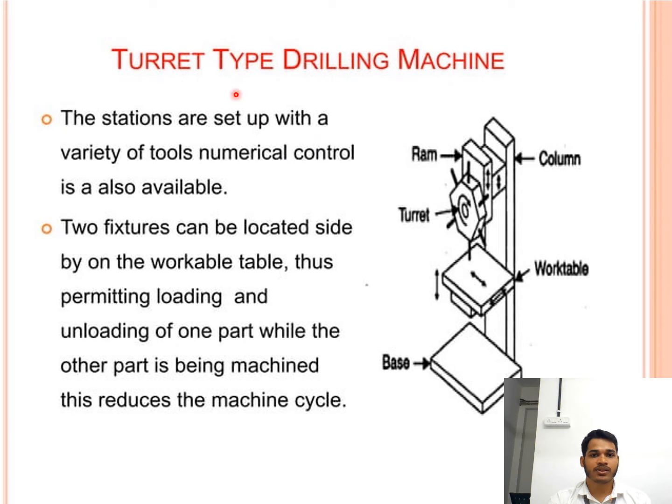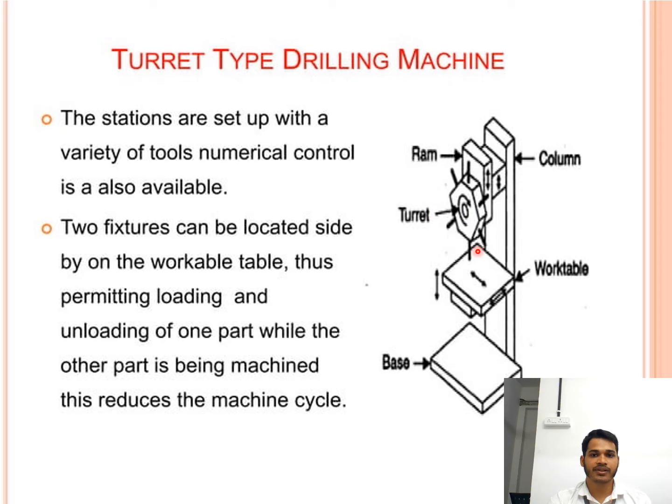Next is the turret type drilling machine. The stations are set up with a variety of tools, and numerical control is also available. Two fixtures can be located side by side on the work table, thus permitting loading and unloading of one part while the other part is being machined. This reduces the machine cycle.